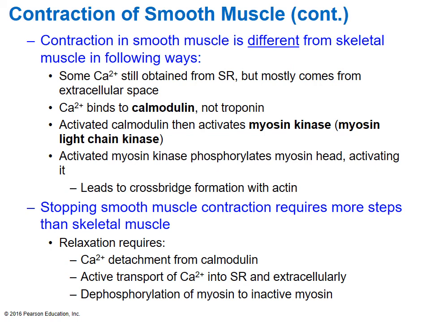I've also mentioned to you that calcium will bind to calmodulin, not troponin, and that's because troponin is not found in smooth muscle. I haven't really touched upon the third item, which is the fact that when the calmodulin notices the calcium, it has a slightly different way of activating the myosin kinases, which will cause the reaction of the cross bridges to start.